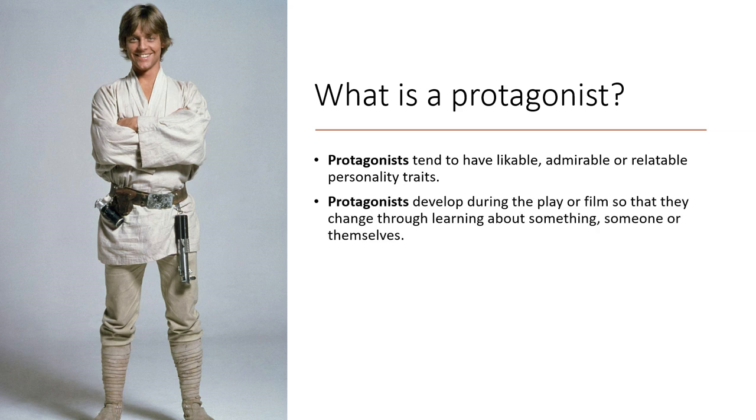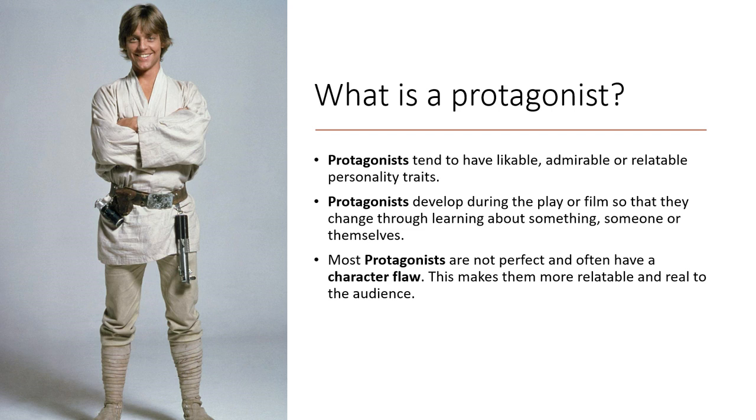So the protagonist also needs to develop through the play or the film, so they can change through learning about something to do with themselves or someone else within their relationship, because the protagonists are not perfect and they often have a character flaw.